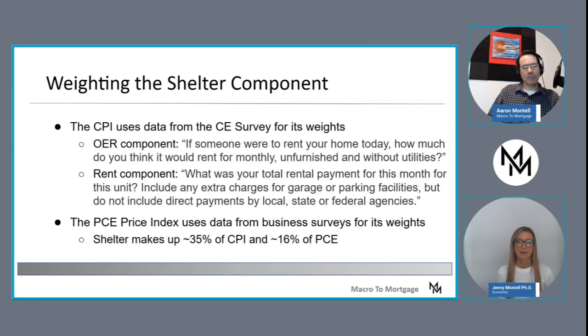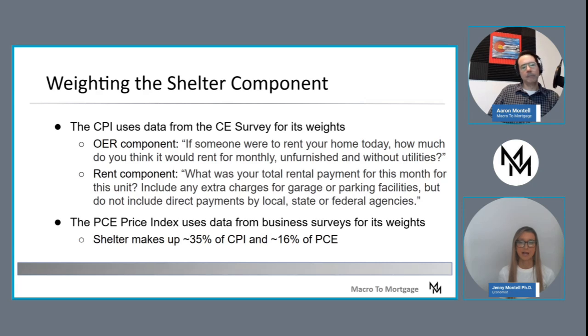Thank you. And then just to mention briefly that the PCE price index uses data from business surveys for its weights. So it doesn't use the consumer expenditure survey. And because of that, shelter makes up a much smaller component of PCE. So that's something to pay attention to if you're comparing CPI and PCE.